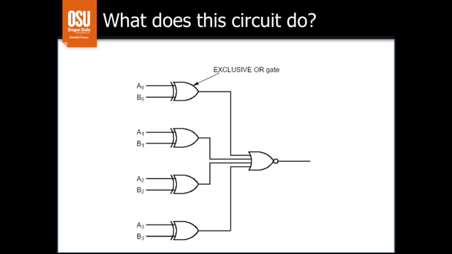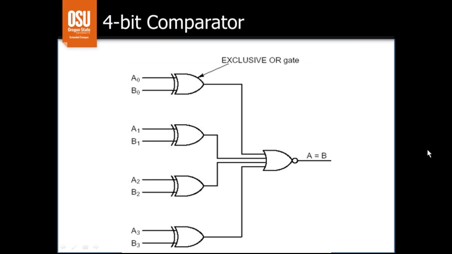So if all of the inputs are zeros, we'll get a result of 1. If any of the inputs is 1, we'll get a 0 because of the NOR gate. Well, what this is, is a 4-bit comparator. If the A0 bit is equal to the B0 bit, the exclusive OR gate will output a 0.